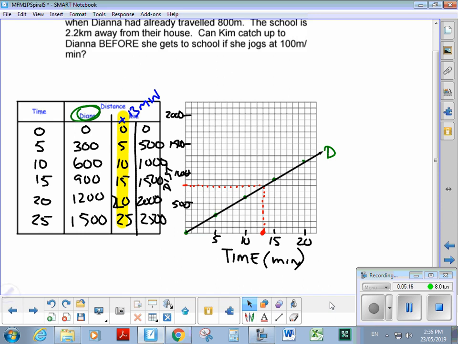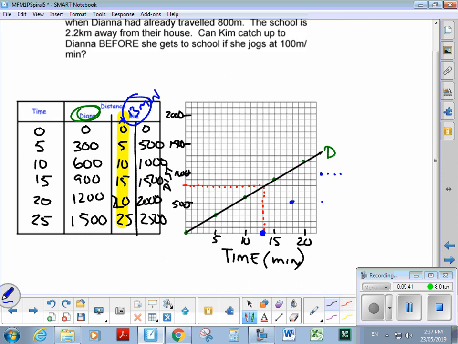So I have Kim in blue. I'm going to pretend this is my 0, 0. This is my origin. And every 5 minutes, she's going to go up 500. So I count over 1, 2, 3, 4, 5. And of course, I didn't graph it right, so we're going to estimate.